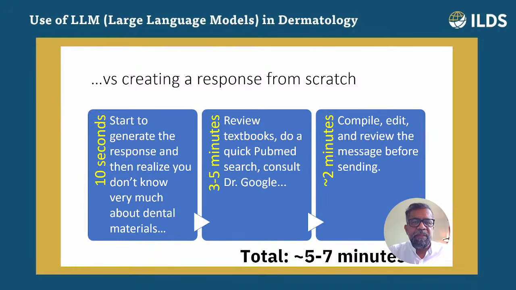ChatGPT isn't replacing your clinical judgment here. It's replacing the time you spent typing the word biocompatible. Important: always, always review and edit the AI response before sending. AI can confidently be wrong, and the patients trust you, not the robot.